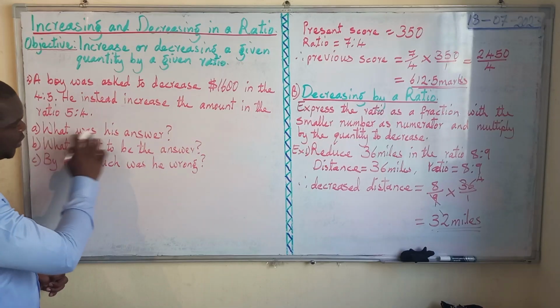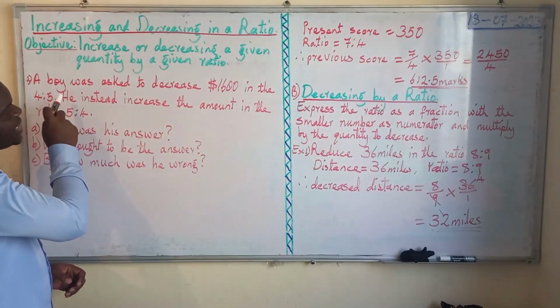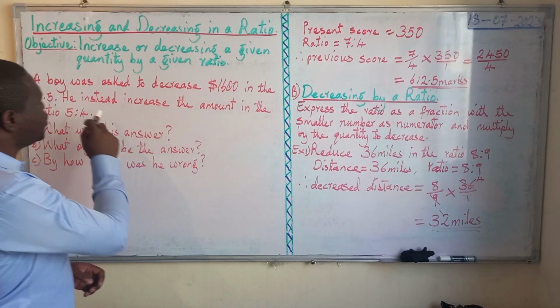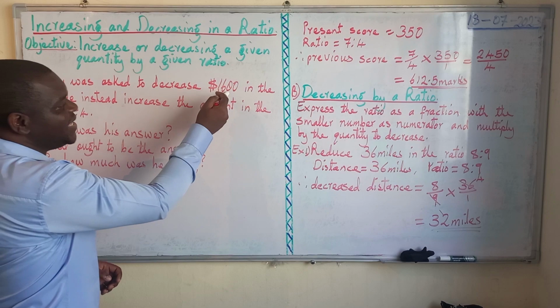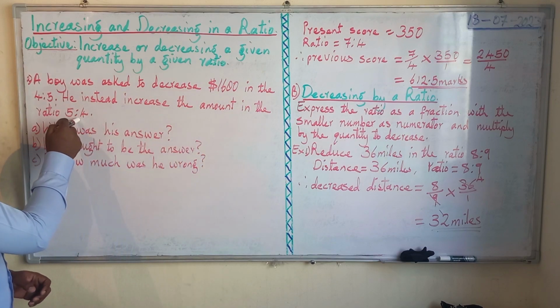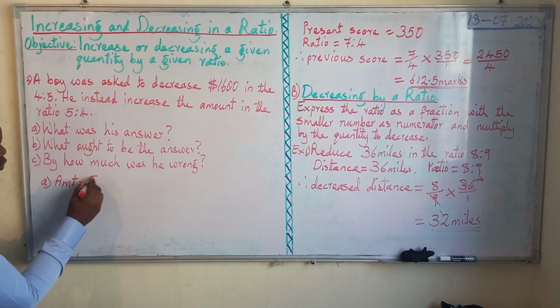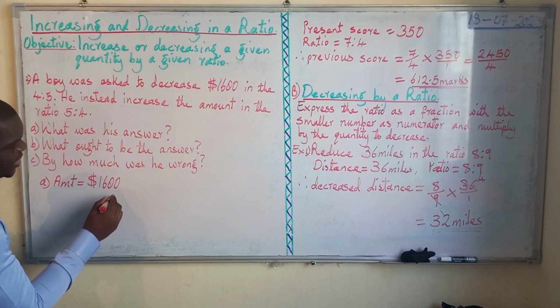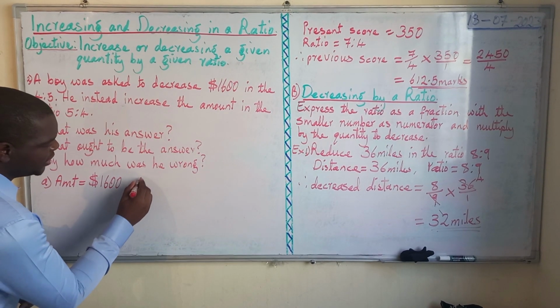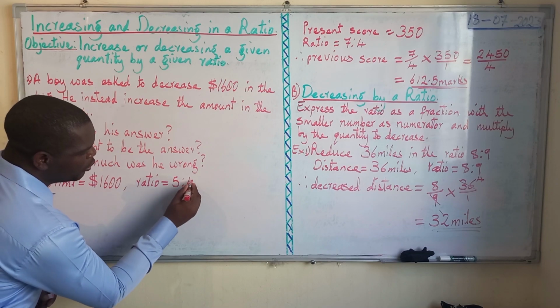In the first question here, what he did was he instead increased. So in this case, we are supposed to increase this amount in this ratio. Amount is equal to $1,600. And the ratio 5:4.